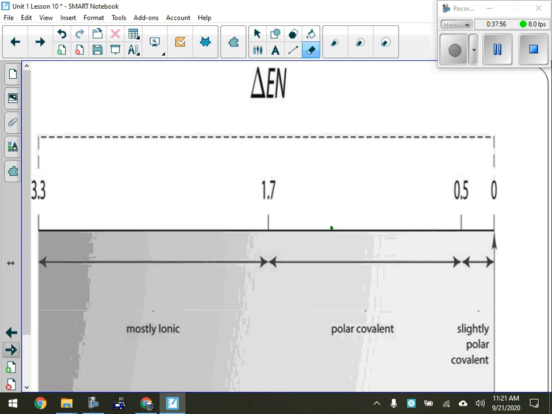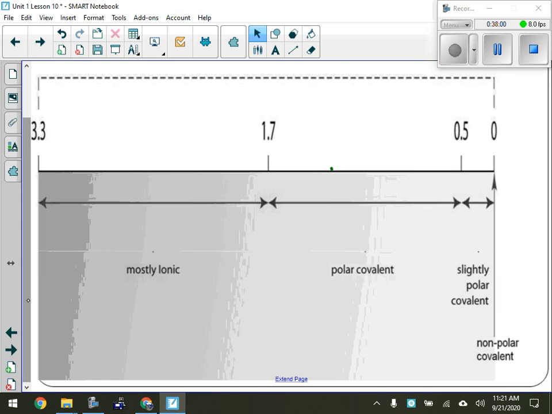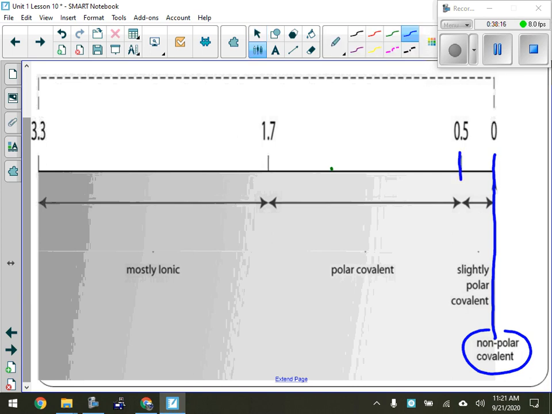Now, I'm going to tell you right here, as we move this down, this non-polar covalent has to be 0. Non-polar has to be 0. You notice it says slightly polar covalent between 0.5 and 0. That's true. Apparently there's been research that says if the difference is about 0.5 or less, that really doesn't have a significant effect on the molecules.